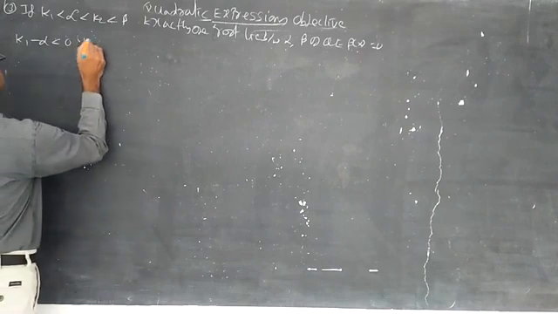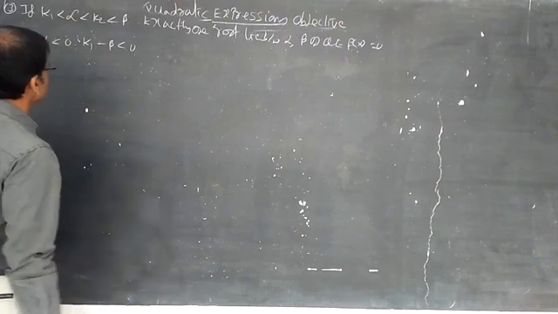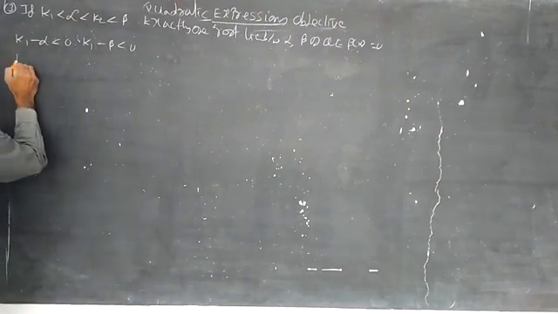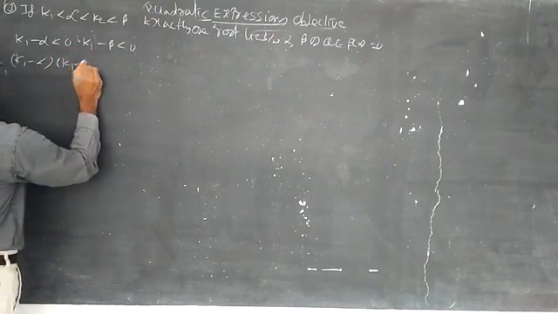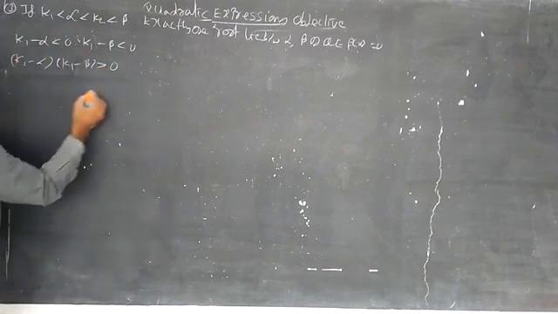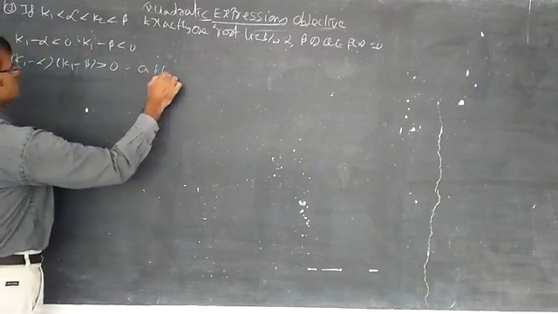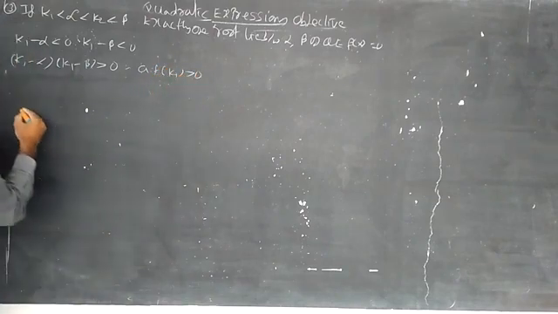K1 minus alpha less than 0, and here it is indicating K1 minus beta less than 0. So multiply both. K1 minus alpha into K1 minus beta greater than 0. This is the first condition. You can understand this one as A into f of K1 greater than 0.